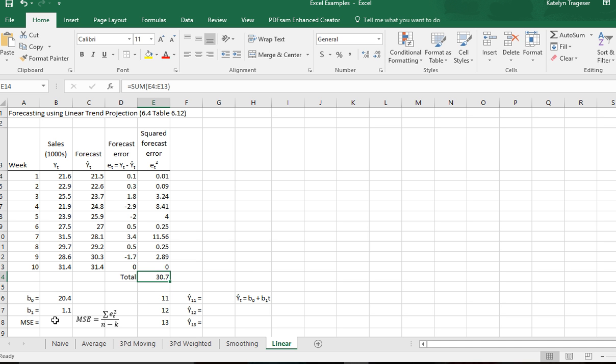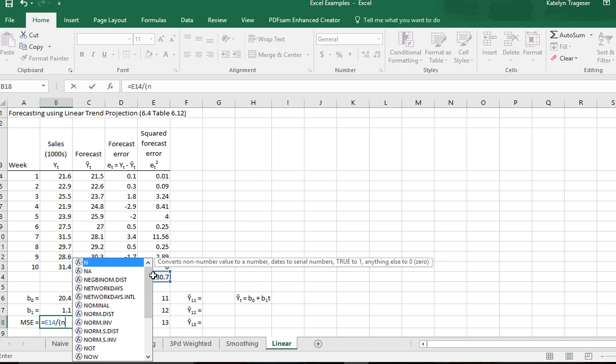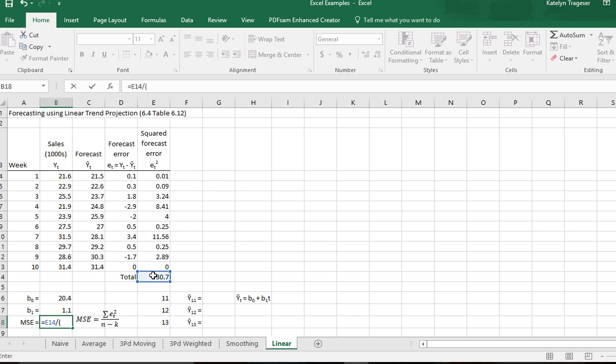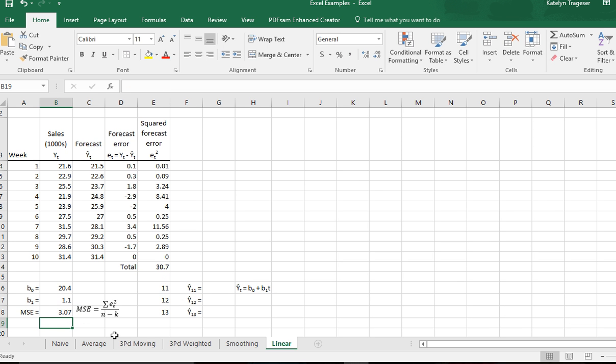Then we are going to use this information, go down here to our mean squared error, which is going to equal the sum of those divided by n minus k. Now in this example, our n is 10, but we didn't actually use any previous week's data because we used linear trend projection. So our k value is 0. So 10 minus 0. And we can see that our mean squared error is 3.07.